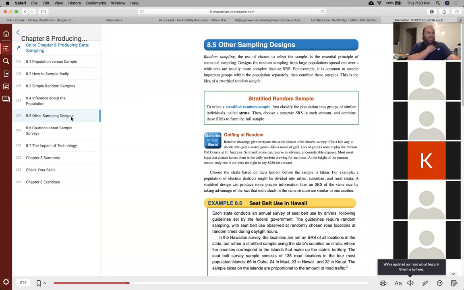And if you still have a question on sampling, simple random samples, let's talk about it. Going back to the 100 people from America and you want 2 from each state.